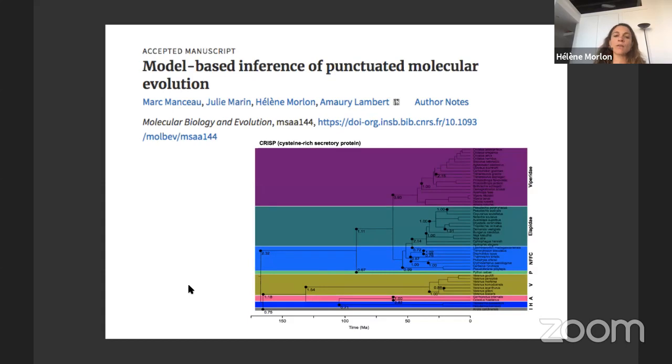And when we apply these models to genes that are thought to be more neutral or not related to particular functions, we don't find any such spikes. So it seems that this really can say something about some genes that have been particularly adaptive and maybe related to speciation events.